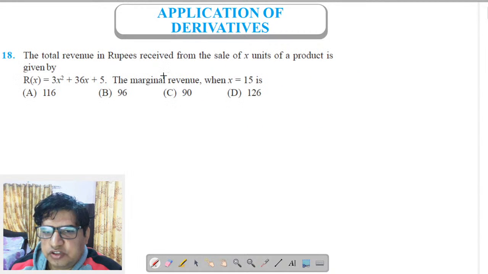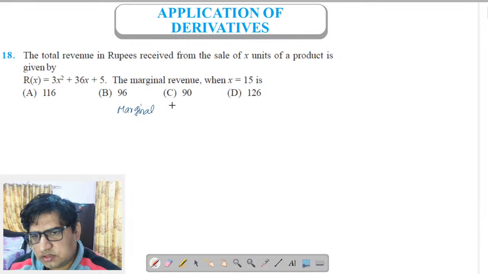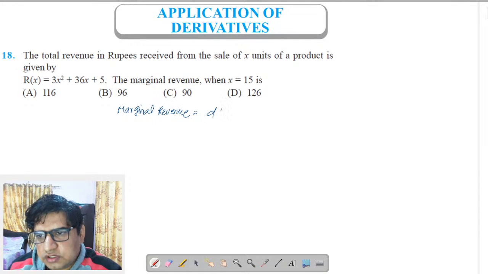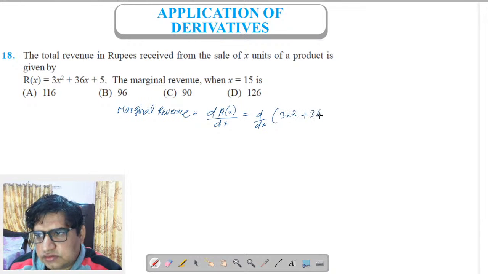Here we have total revenue in rupees, okay, and we need to find the marginal revenue. As we have done in the previous question, marginal revenue is equal to dR by dx, and that is equal to d by dx of 3x square plus 36x plus 5, okay.